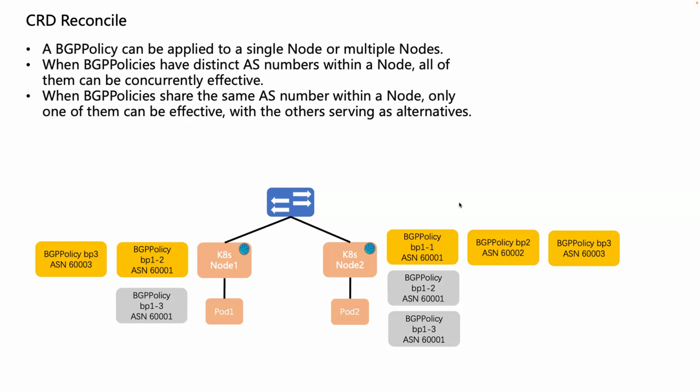Now I apply another policy that will advertise, let's say, service CIDR. Since the old policy is gone and now we have BGP policy 2, the BGP stack is going to discard the old advertised routes, which were advertised by BGP policy 1.